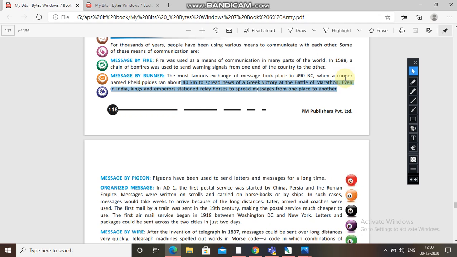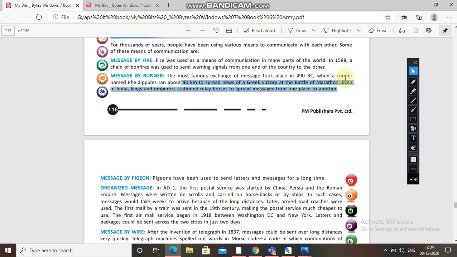In such cases, messages would take weeks to arrive because of the long distances. But the first postal service was started by these three countries, that is the Roman Empire, Persia and China.